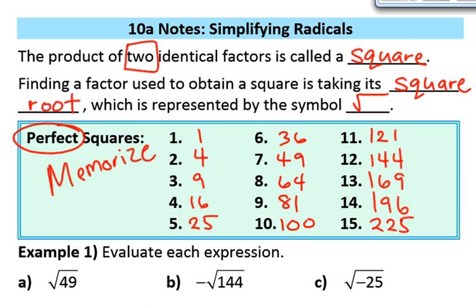Most of you should have through 12 already memorized. 13 through 15, I also want you to memorize those as well. So it's your job to make sure you have this list memorized.